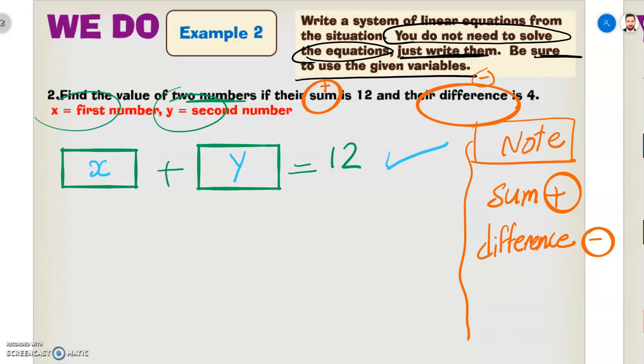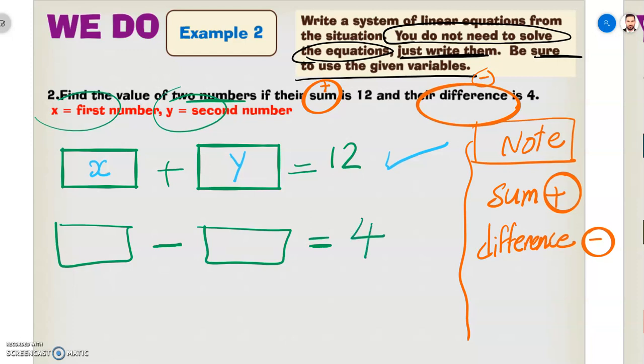Let's translate the second equation. And their difference is 4. The difference between them is 4. That means, I will translate it again. Sorry, I will not write plus. In this case, I will write only minus is equal to 4.